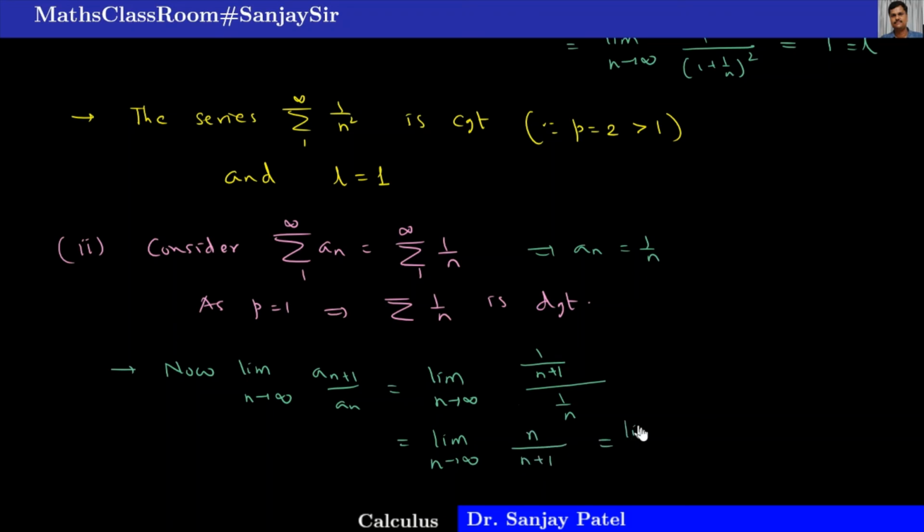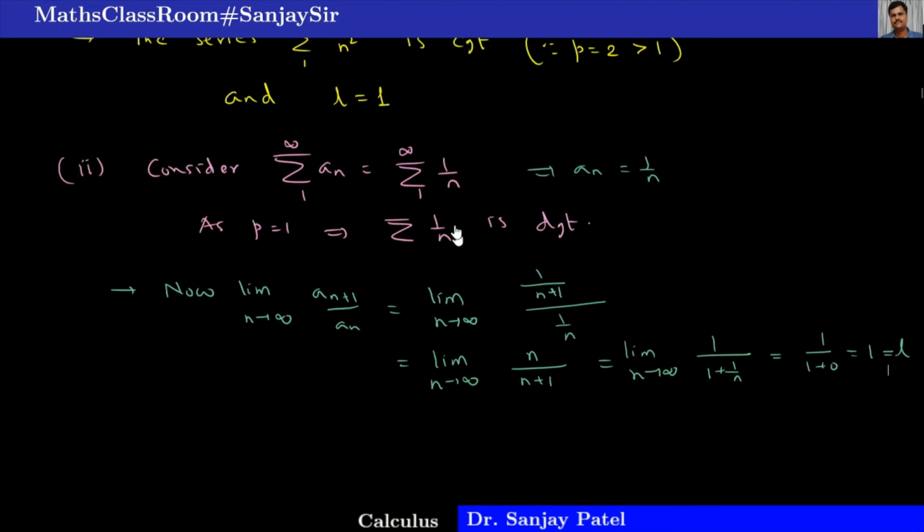Okay, that is nothing but the limit as n tends to infinity of 1 upon (1 plus 1 upon n), dividing every term in the numerator and denominator by n. And therefore this tends to 1 upon (1 plus 0), which is 1. So again the limit is 1. So what is the conclusion? Here the series sigma 1 upon n is divergent, but the limit is 1.